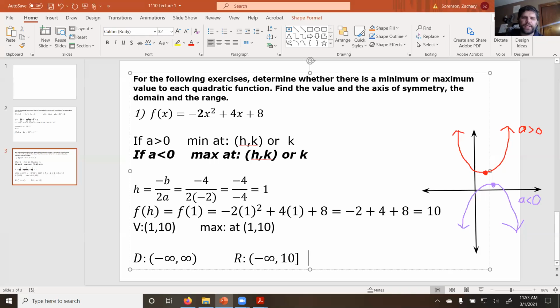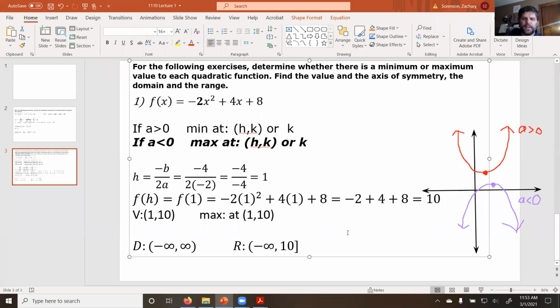And so the shortcut, or maybe just a way to organize it, is we again have an if case. So if A is greater than 0, my range is going to be bracket K to infinity.